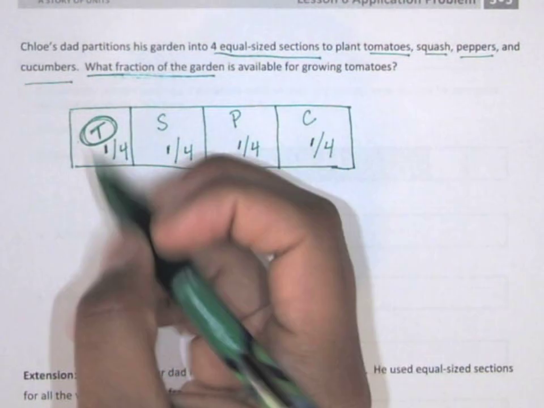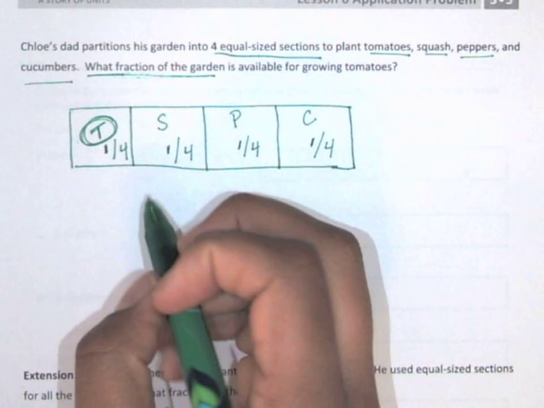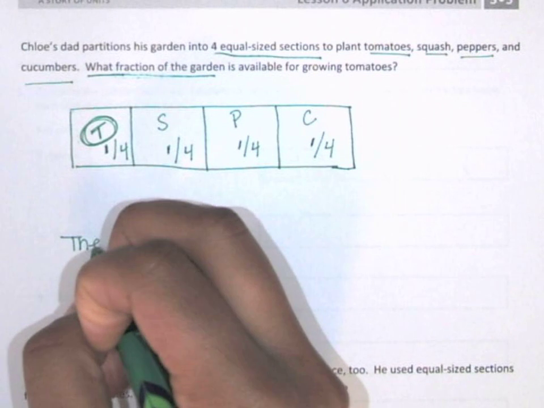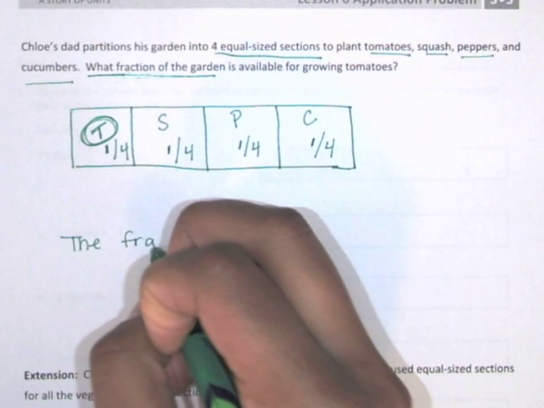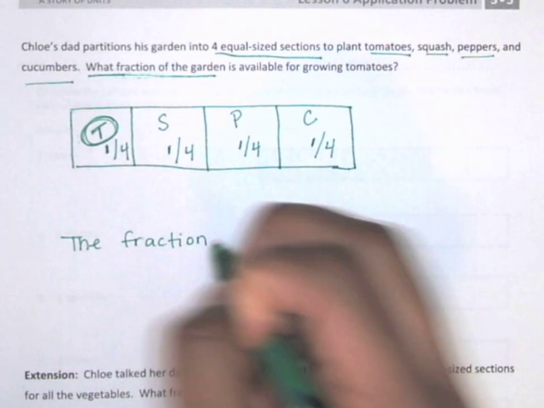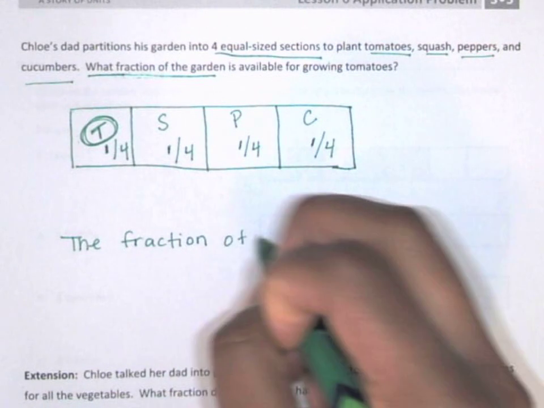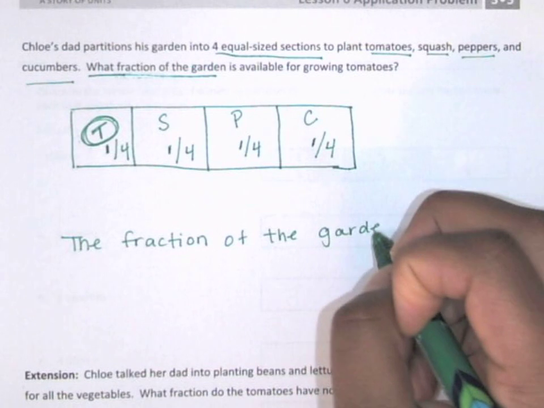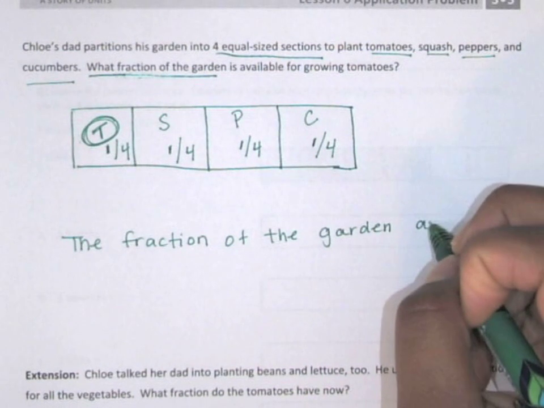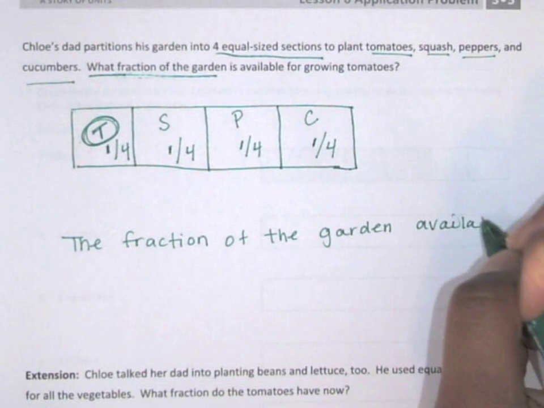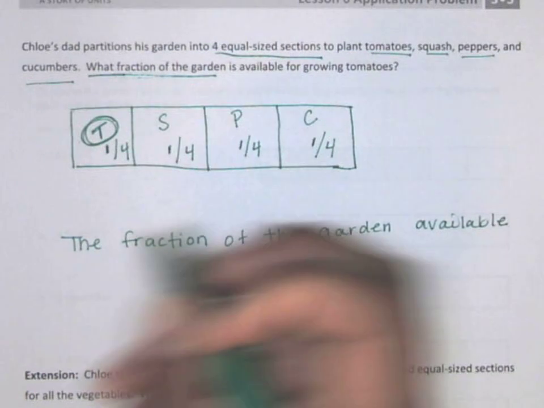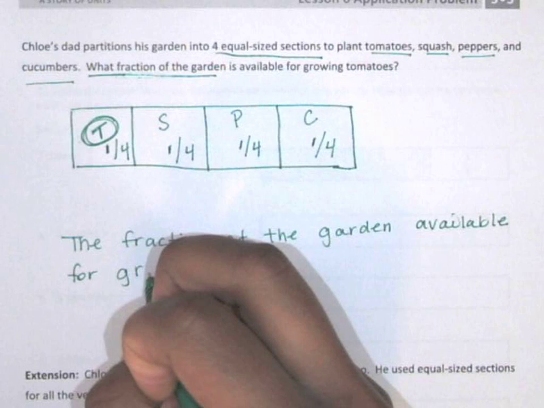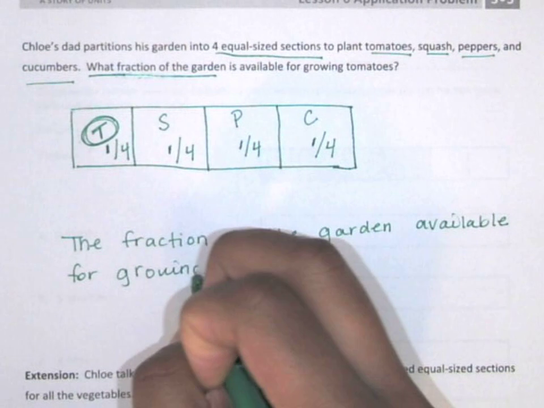Okay, so your written response would start like this: the fraction, because we want to restate our question, of the garden available for growing what?